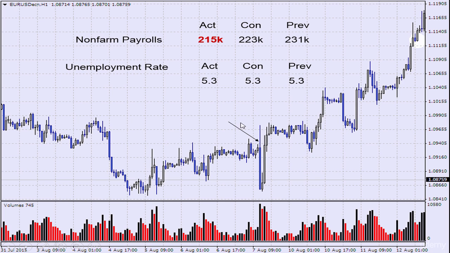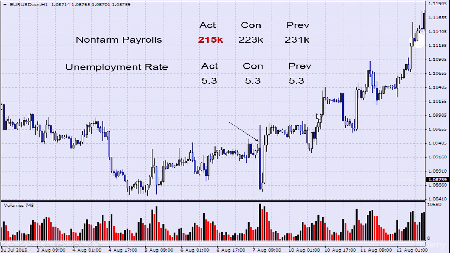However, the market then stopped and rallied. And the rally is expected because this data is bad for the US dollar. So the US dollar should decrease in value and the Euro USD currency pair should rally. Whenever the US dollar decreases in value, the Euro USD currency pair rises, and whenever the US dollar increases in value, the Euro USD currency pair falls. Okay, so this was as expected.